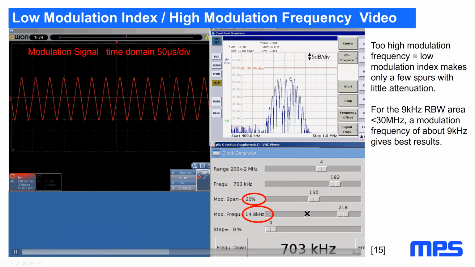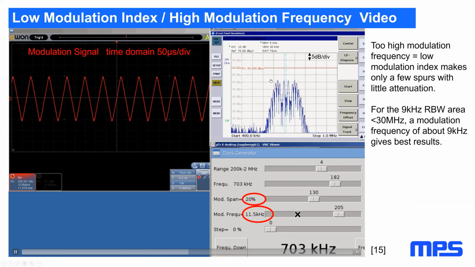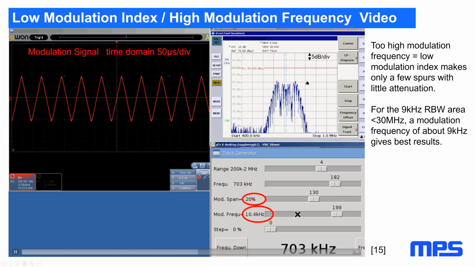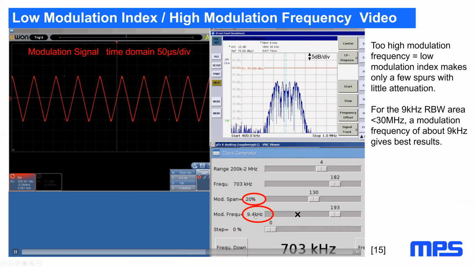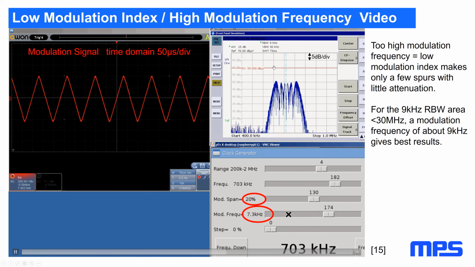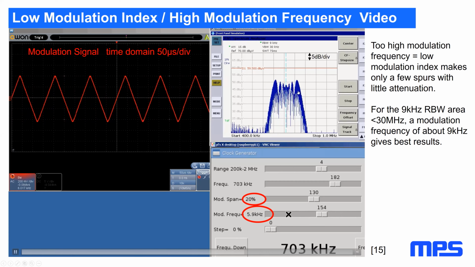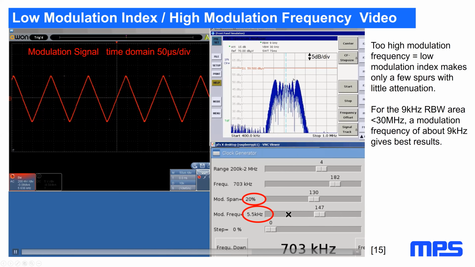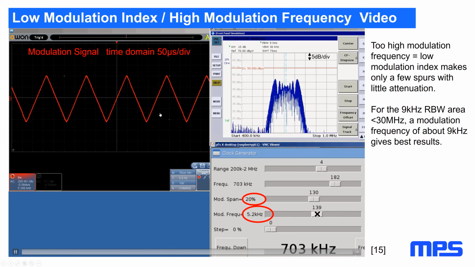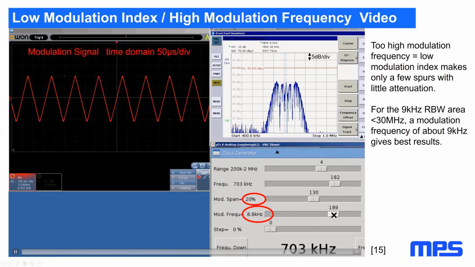And that actually is the gain we get now, the attenuation the spread spectrum signal will give us. And we immediately see that around 9 kilohertz or so, we get the optimum. We get a good 10 dB attenuation here. And that's all very close around the carrier of the baseband. So I use here a triangle modulation signal in the time domain.